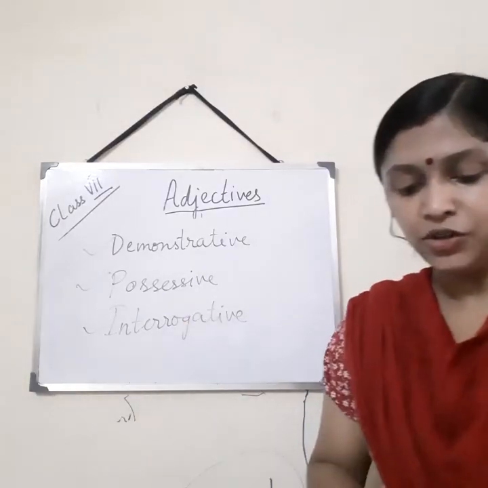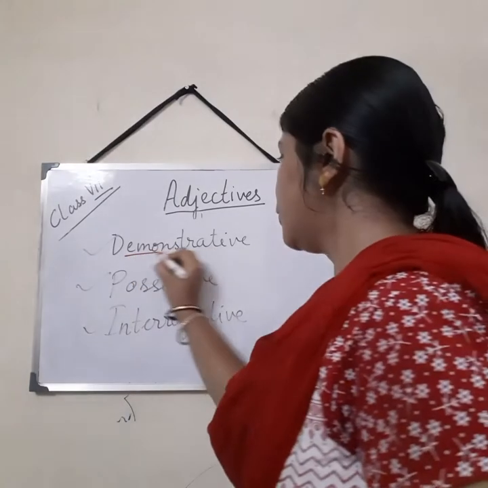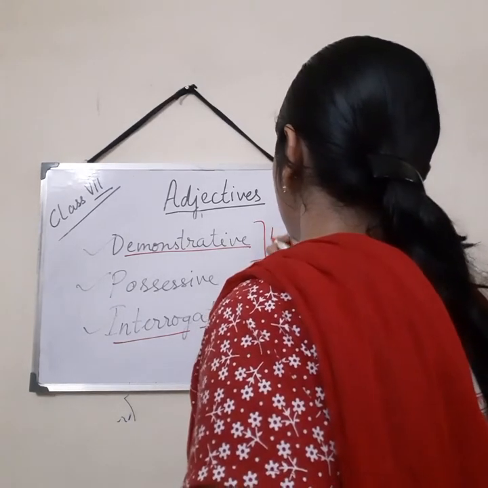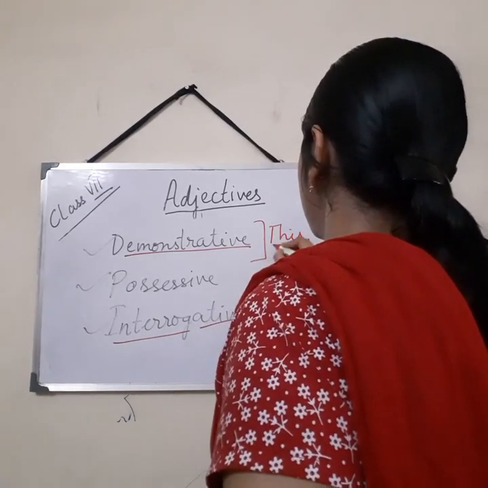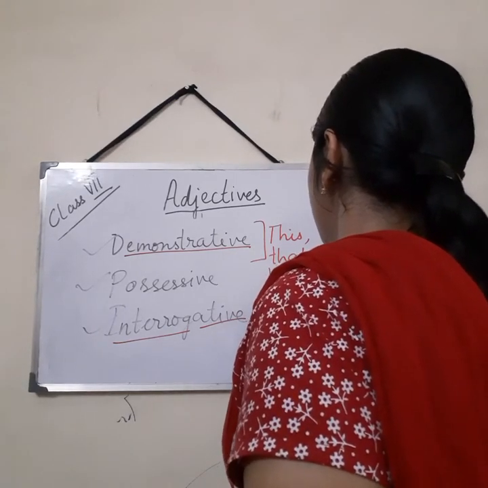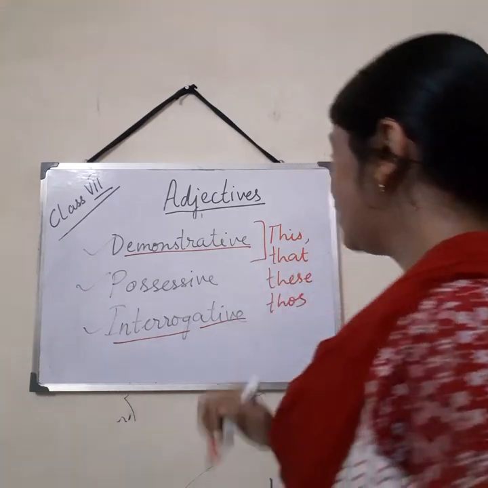Now next come to the possessive or interrogative. In your book, interrogative adjectives are given. Demonstrative we understood. Just write this, that, these, those. These four are the demonstrative adjectives.